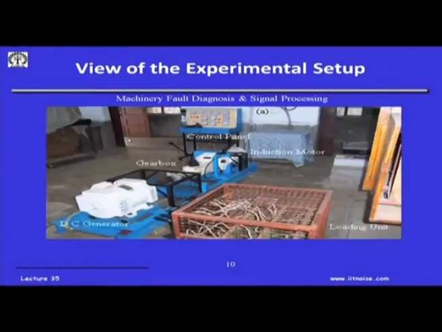And this is the setup which we had, we still have it in the laboratory. This is an induction motor which is driving an automobile gearbox. As you can see, this is a car gearbox. We have a coupling and a DC generator and a loading unit from a resistance bank, and on the control panel you will see 3 Hall effect sensors, because initially we were measuring the 3 phases, and since this is a balanced supply, later on we just used a single Hall effect sensor.